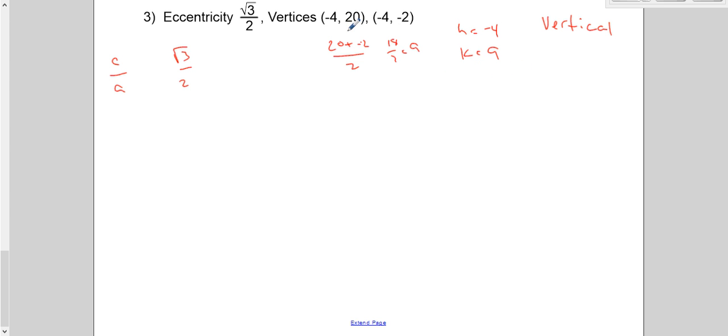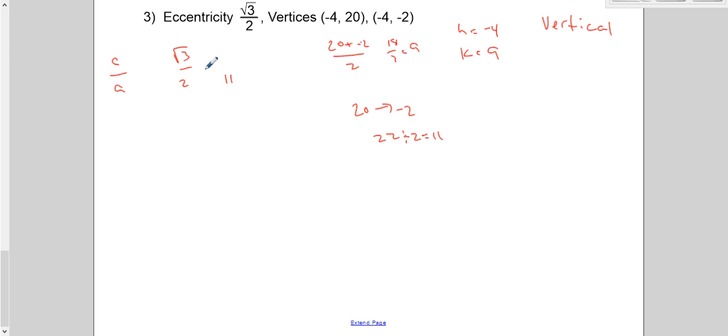Finding that distance between the two is finding your major axis. So that's what the 11 was. So 20 all the way to the negative 2, that's a length of 22 units. That's your major axis. So when you divide that by 2, that's your a value. You get 11. So we know that a is 11.